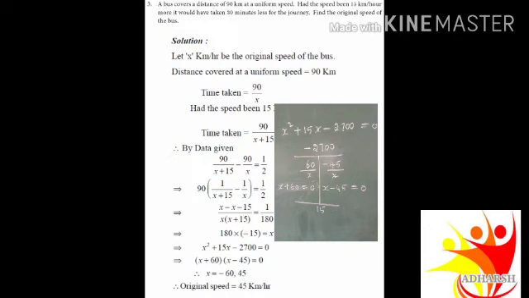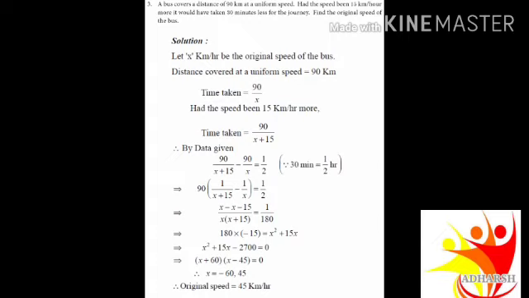Now we take 60 into minus 45. 60 into minus 45 equal to minus 2700. Add the values: 60 minus 45 equal to plus 15. Therefore we take x plus 60 into x minus 45 equal to 0.